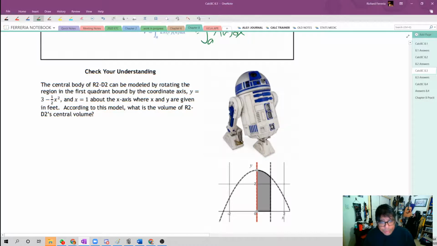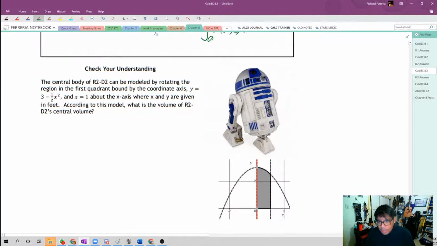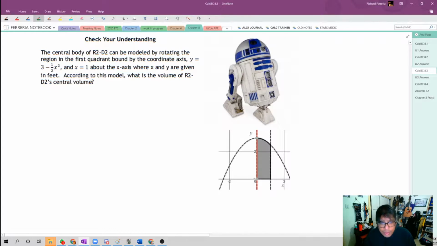Okay, so for this, we don't have the coordinates of any of the corners, so let's get that. This is 0, 0 here, because we got to do 1 corners first. Up over here, if y is equal to 3 minus 1/2 x squared, then when x equals 0, y is equal to 3. So this is 0, 3.